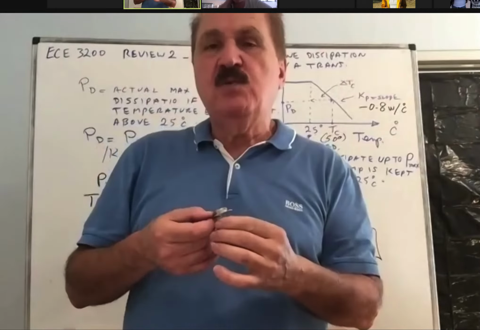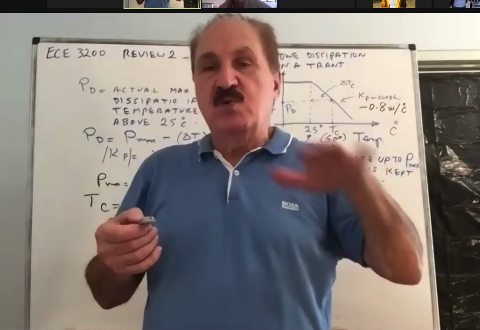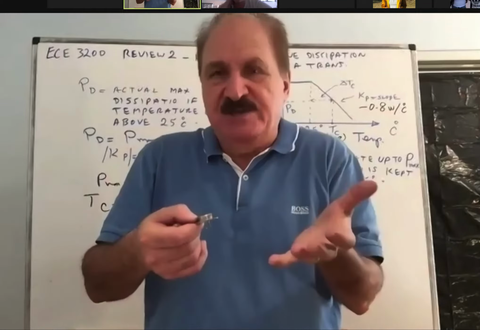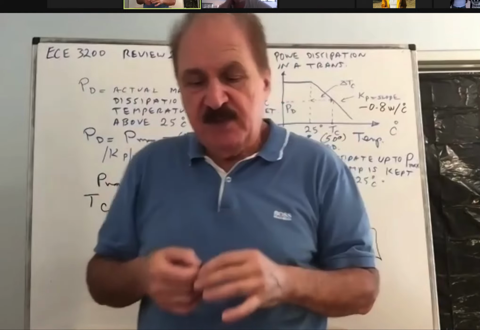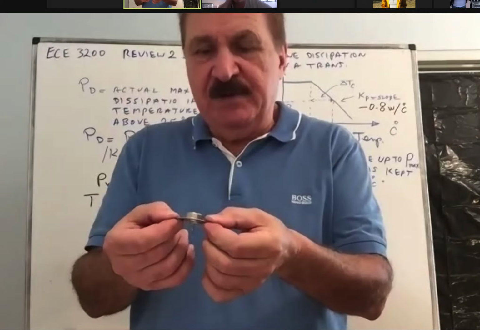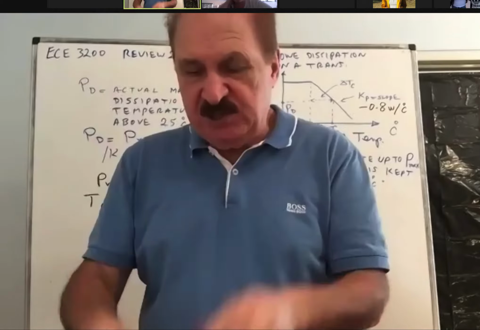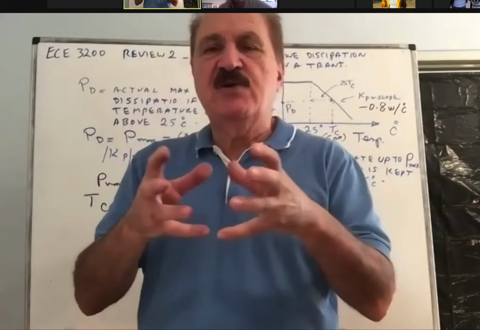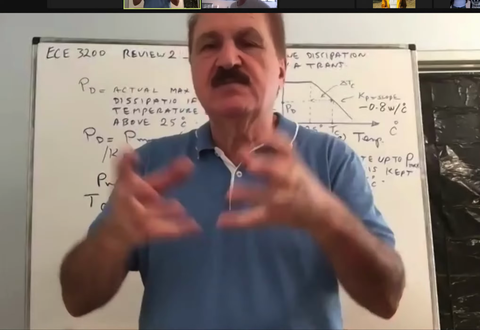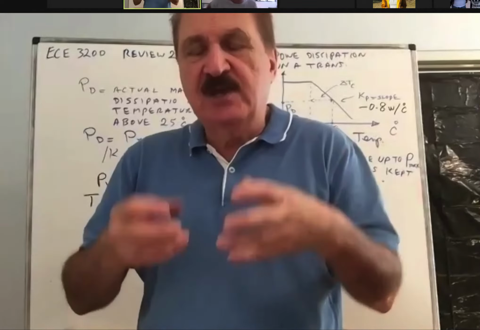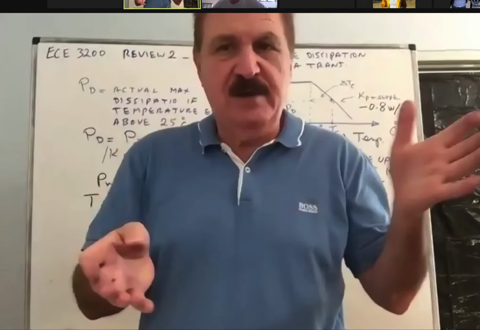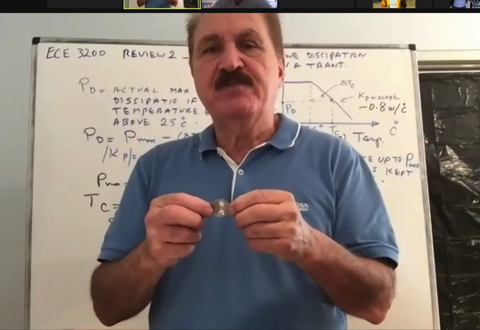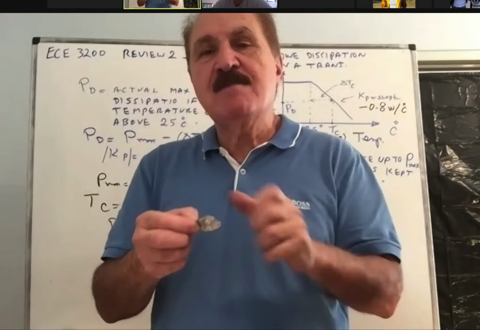So how can we put a limit on that maximum temperature? Or why does the temperature rise when power dissipates? Well, the law of thermodynamics. If you have a closed system, and you keep putting in energy, joules per second, power is joule per second, your energy is building up in the system.